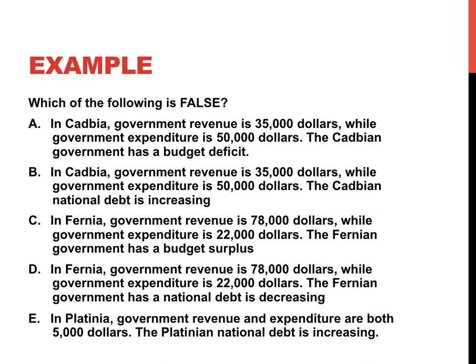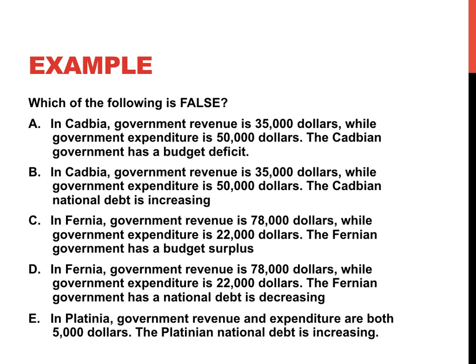All right, let's work through an example. Which of the following is false? In Cadbia, government revenue is $35,000, while government expenditure is $50,000. The Cadbian government has a budget deficit. The Cadbian national debt is increasing. In Fernia, government revenue is $78,000, while the government expenditure is $22,000.